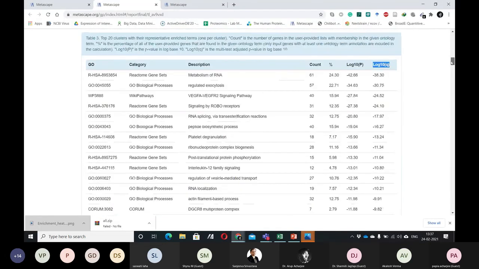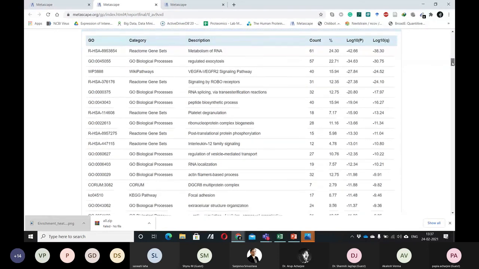If you want to see the p values, this is another output. That was a pictorial output; this is in a table format. It shows the gene ontology pathway, then which category it falls under. So it's a Reactome gene set. Then what does it describe? It's metabolism of RNA.